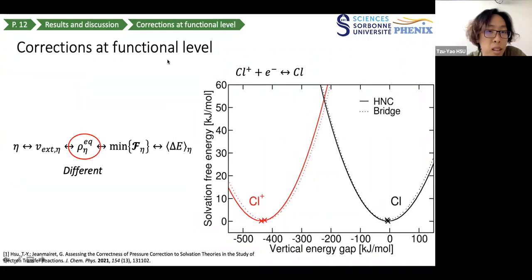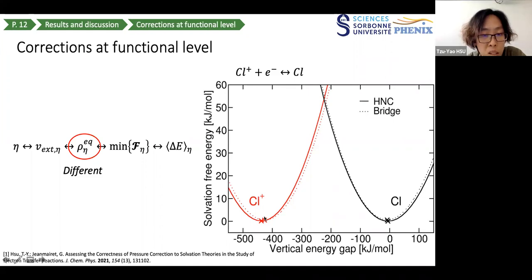On the other hand, theoretically, we can avoid this problem by doing correction at the functional level, because the correction is directly incorporated in the determination of this series of equilibrium solvent configurations. But at first glance, we may also ask why, again, the minima have different positions.